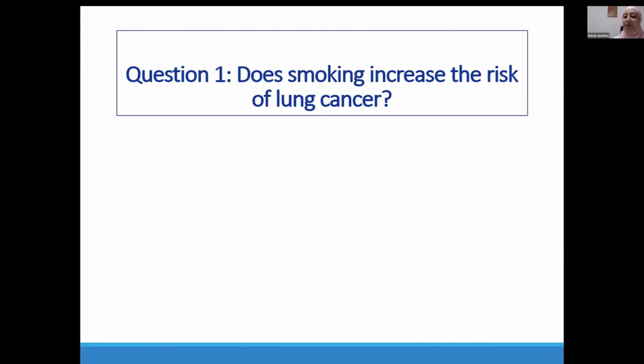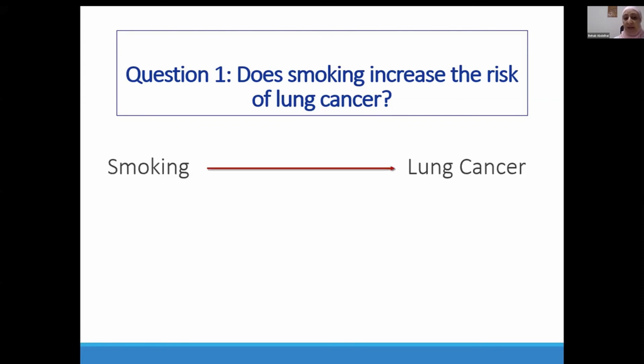Yes, there is a link between smoking and lung cancer, but let's keep causation on the shelf because we can't use it like that. So there is a relationship between smoking and lung cancer, and my study hypothesis, as you rightly said, is that smoking increases the risk of lung cancer.